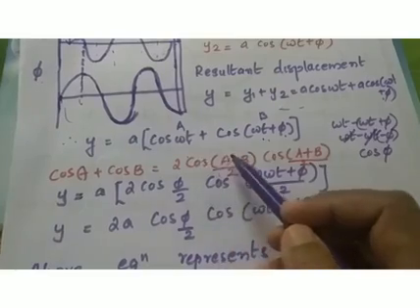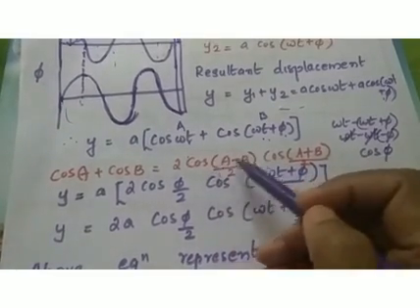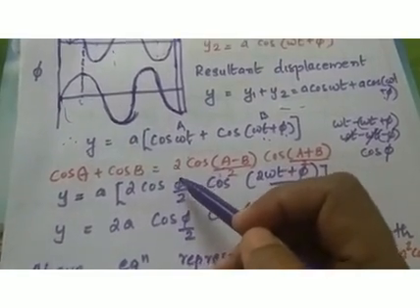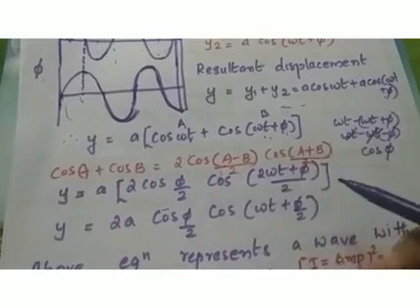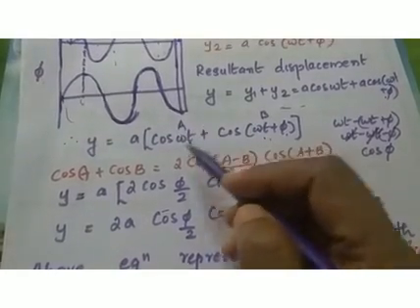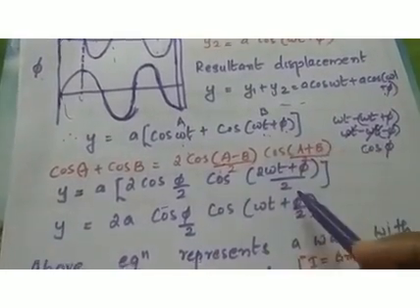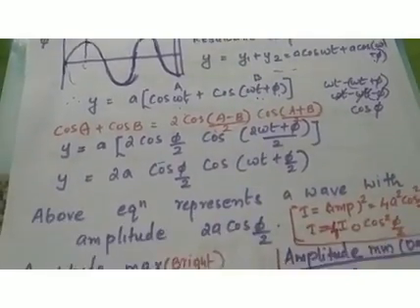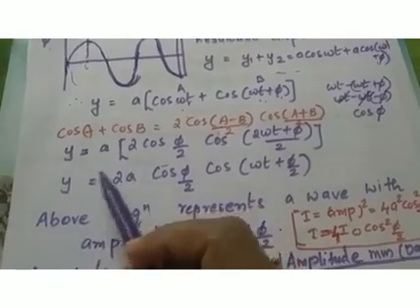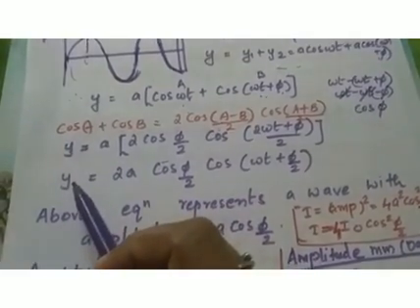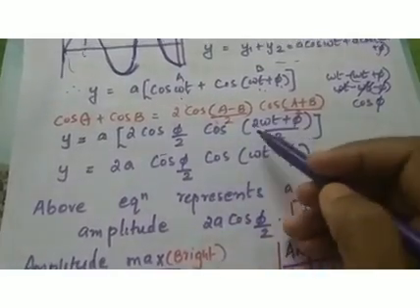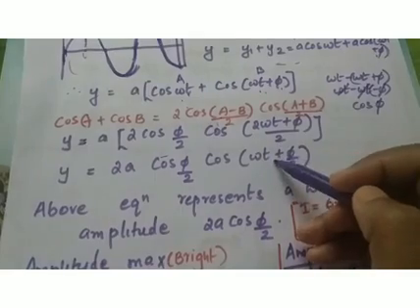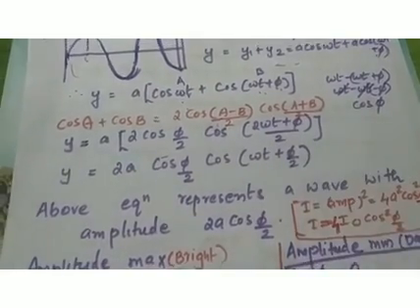So (A minus B)/2 is phi by 2, you can just check it, and (A plus B)/2 will be (2 omega t plus phi)/2. So you can remove the bracket and write y is equal to 2a cos(phi/2) cos(omega t plus phi/2).